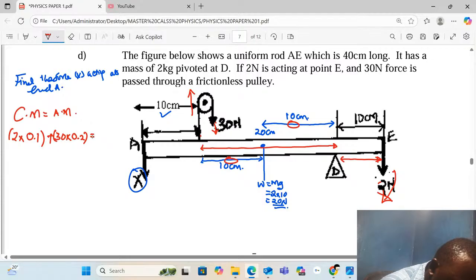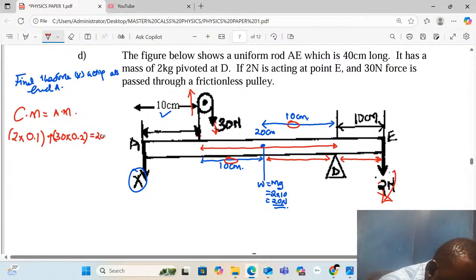And this is equivalent to the anti-clockwise moments, which is of force X and the weight. We start with the weight. From the pivot up to where the weight is acting, we have 10 centimeters.